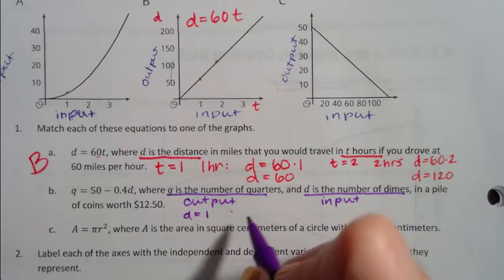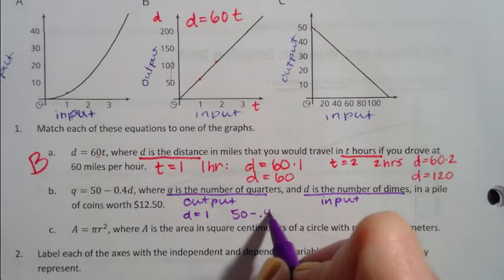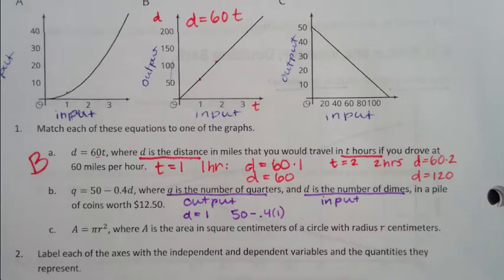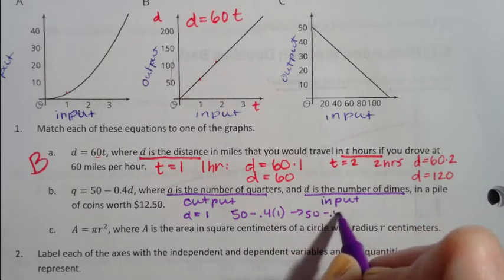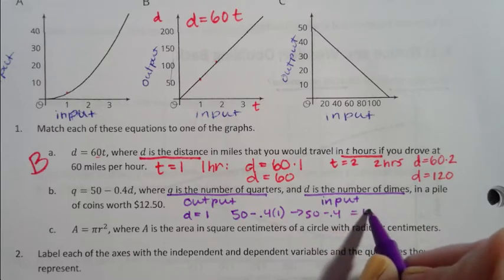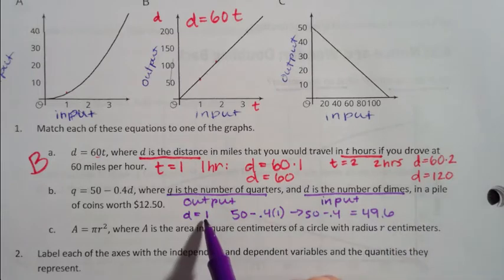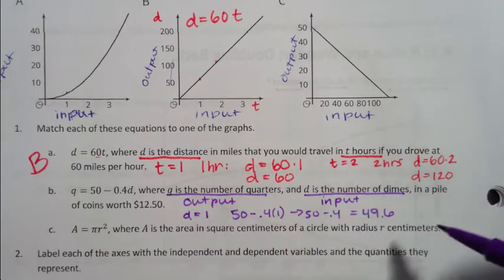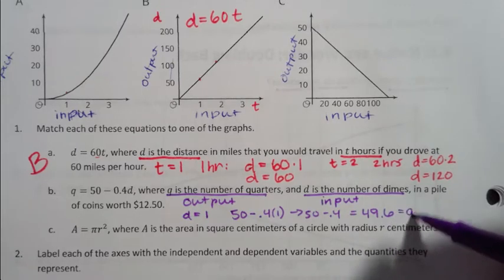right, then I'm going to take my equation, 50 minus 0.4 times 1, which becomes 50 minus 0.4, which equals 49.6. So if we look at our graphs, which one could possibly have D equaling 1, and remember D is our input, and 49.6 equaling our output or Q?